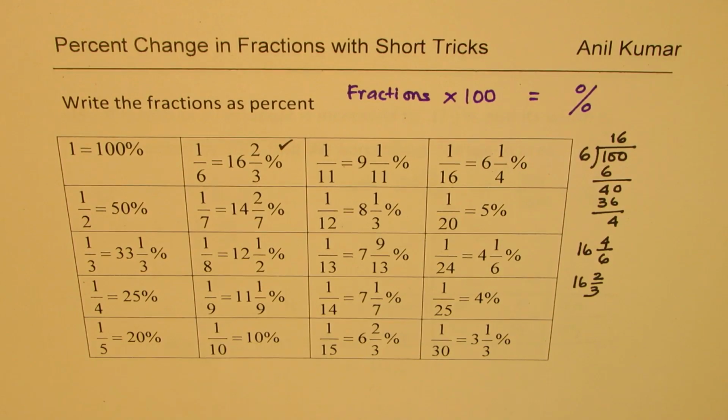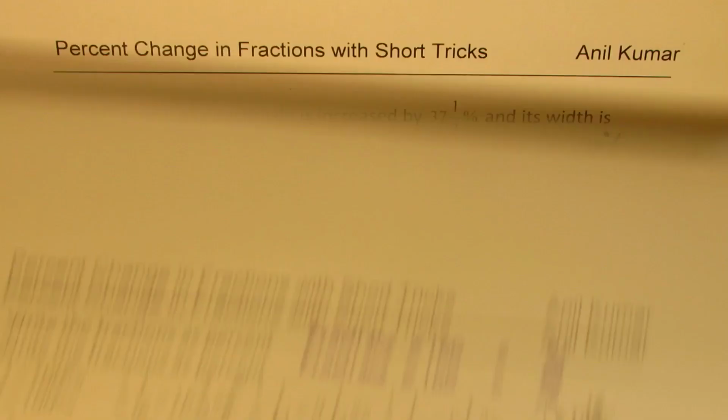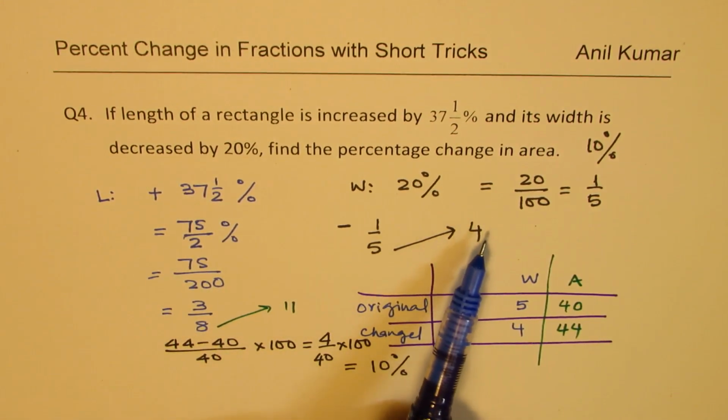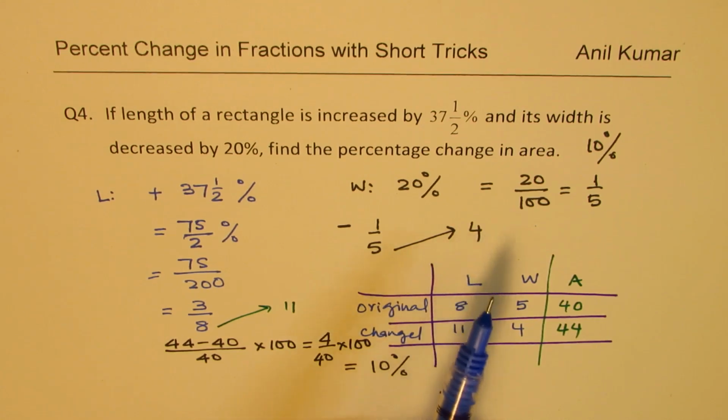So the time which we took to convert percent to fraction will be reduced. Once you reduce this time, the working out is very, very fast. You could actually solve such questions in less than a minute, as many who are practicing with this method are doing at present. So I hope that makes sense.